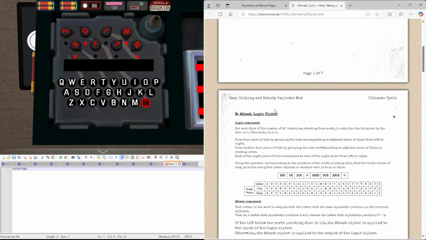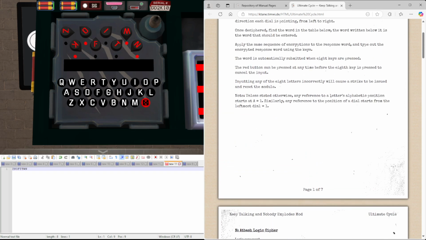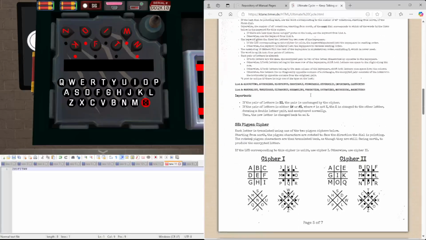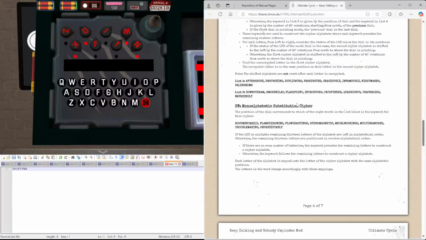So we're starting decrypting first with Southwest. One of our basic substitution ciphers. Position of the dial corresponding to which of the 8 words in the list below is a keyword from this cipher. 1, 2, 3, 4, 5, 6, 7. Okay. So we're using this one.